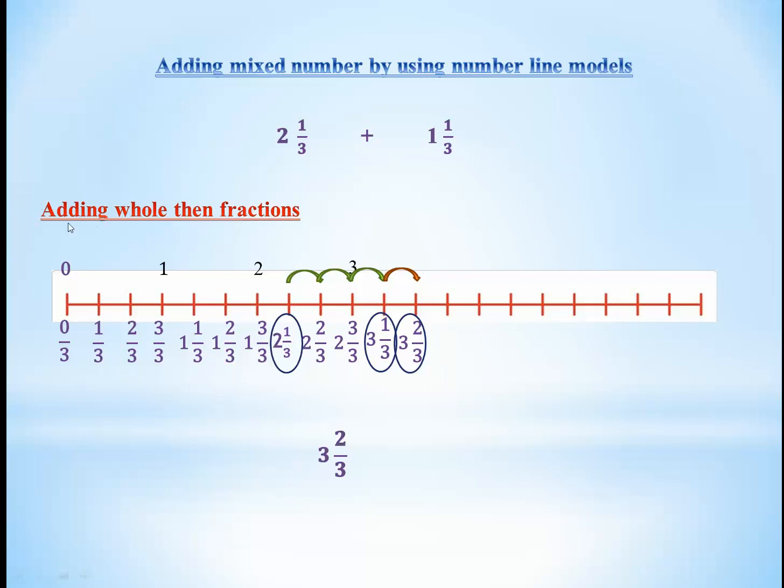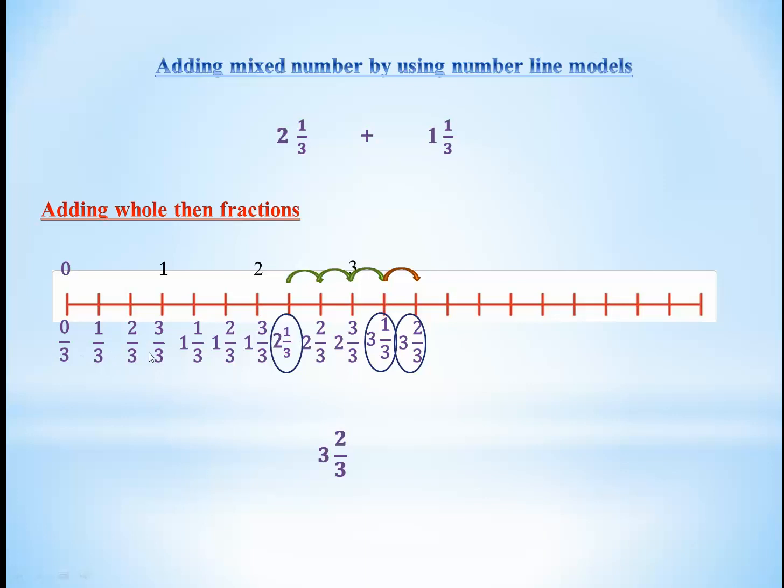Again, if I want to add two mixed numbers, we will use two methods. One of them is adding whole then fraction. So we will take the first one, 2 and a third, and we want to add the whole. Here we have how many wholes? 1, and we know that 1 means how many steps here?